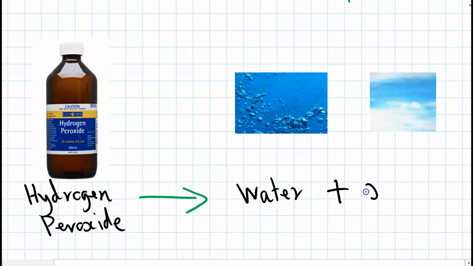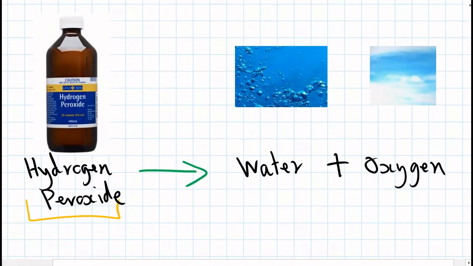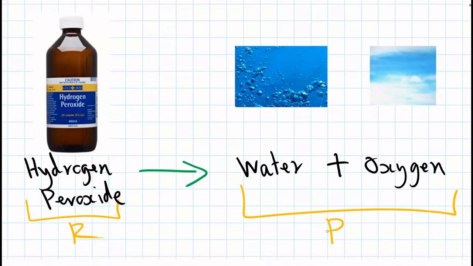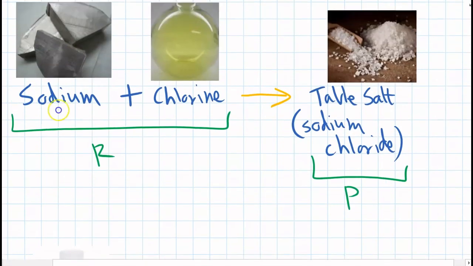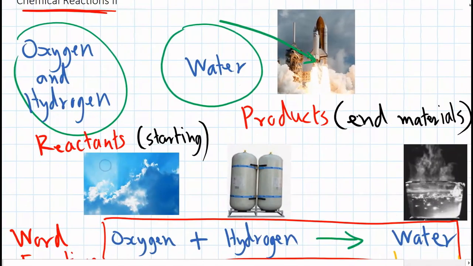So we'll write water plus oxygen. So in this chemical reaction, we've only got the one reactant and two products this time. So not every chemical reaction is all about combining. Alright, so that is the difference between reactants and products and how we draw word equations.